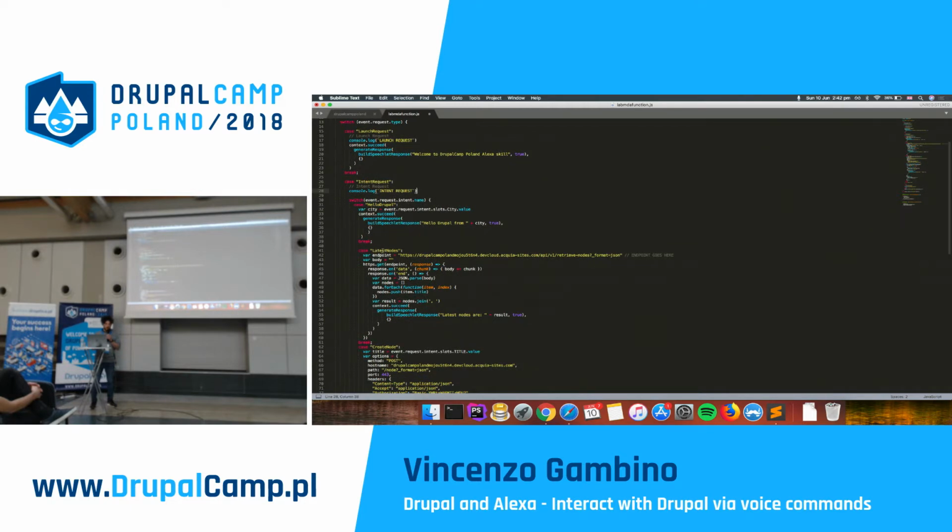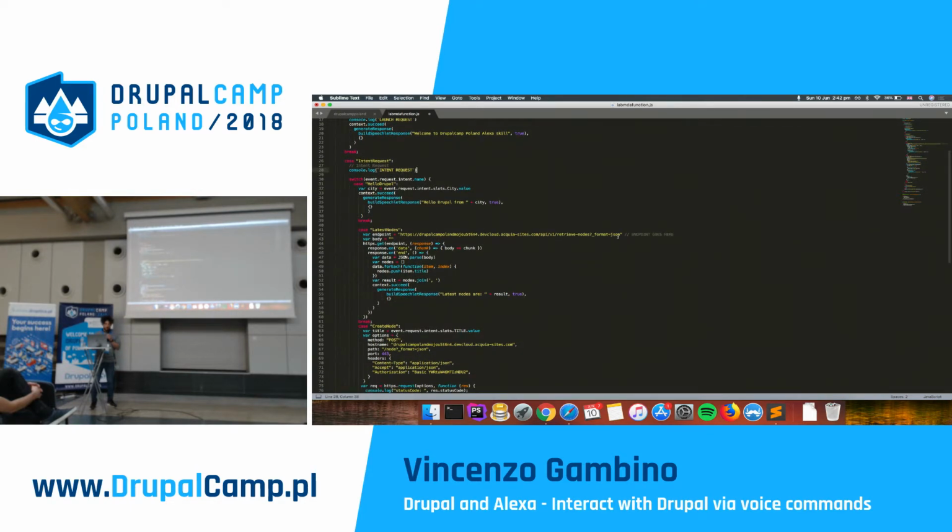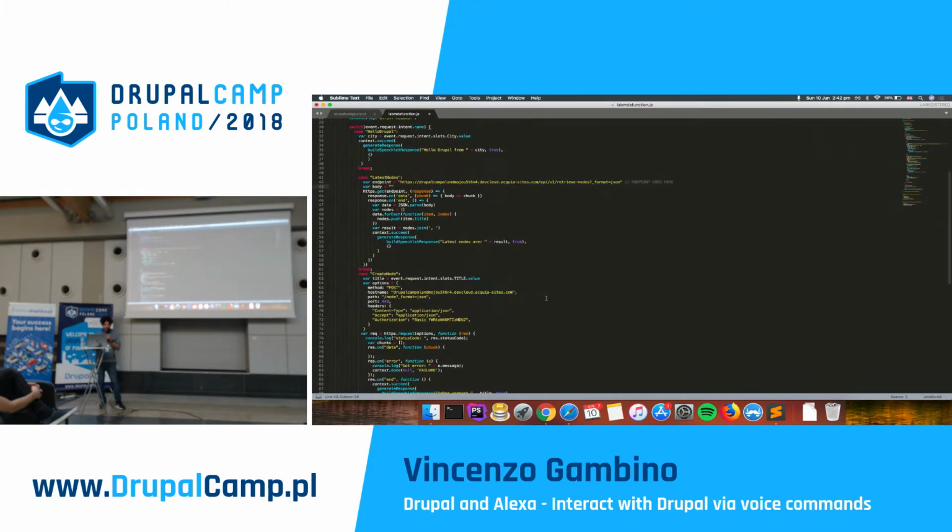So we have the latest nodes, where I have the endpoint, which is my Drupal views export. I get the body, I check what the results are here, I put it into an array, and then implode it, so they are comma separated, and I put it back here in the build response. So the latest nodes are, and it will list all the nodes.